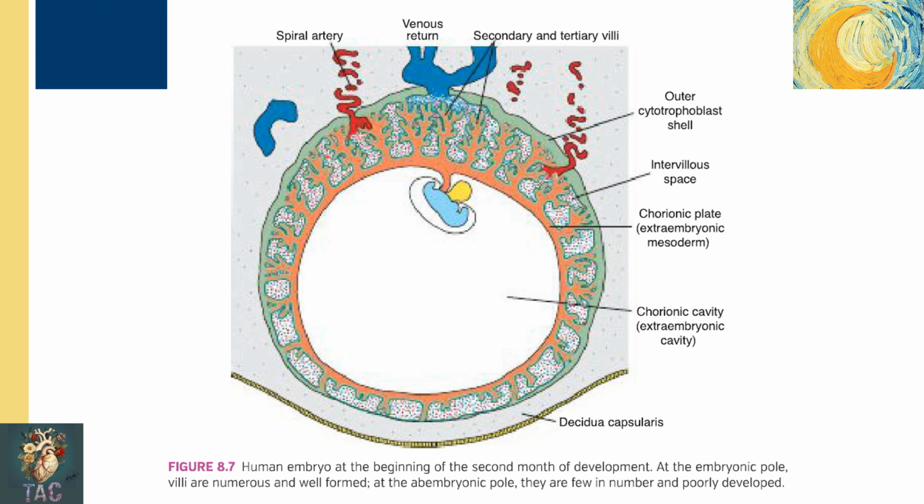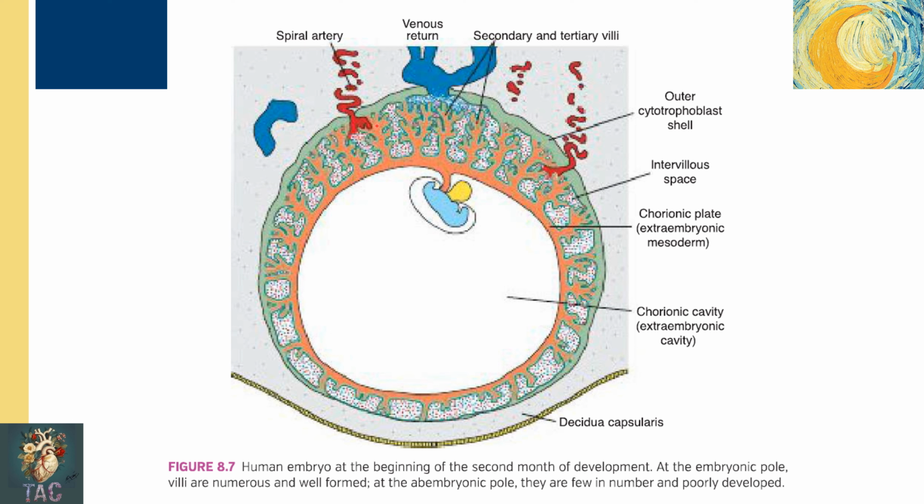With further development, these cytotrophoblastic cells invade the maternal blood vessels and replace the endothelial cells, and at this time the spiral artery becomes a hybrid vessel, and now it changes from a low diameter, high resistance vessel to a low resistance vessel, as a result of which blood enters into the intervillous space and bathes all of the villi present in the placenta.